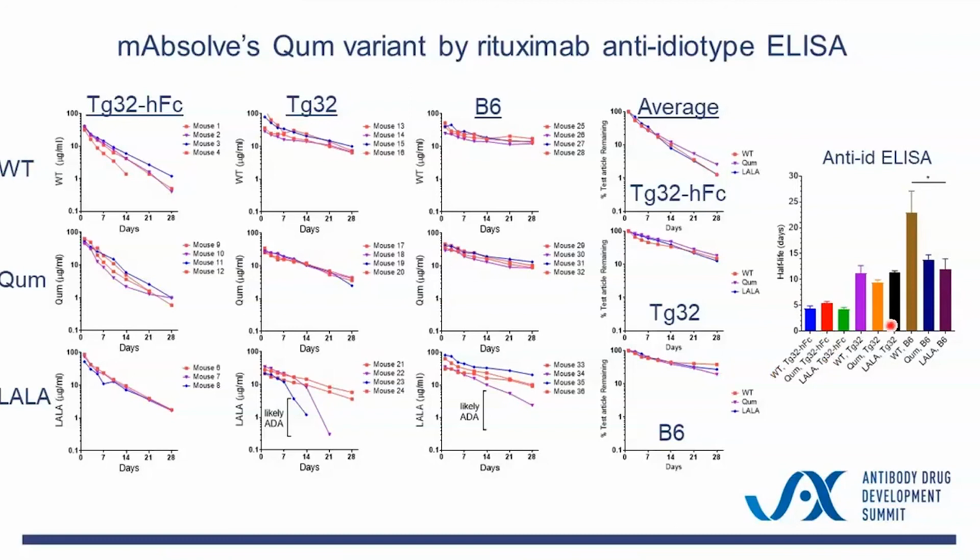And here's the TG32 data, and it's well matched for all 3 variants. And the half-life is reduced in the TG32 HFC mouse. And again, we have wild type data that's a little more variable and not a good predictor.